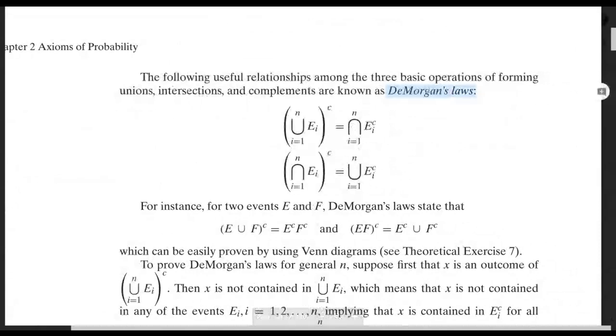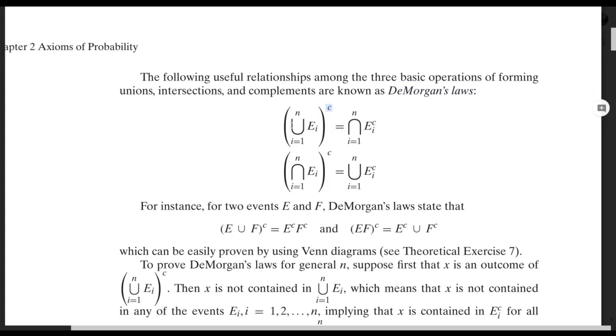De Morgan's law. Okay. This is De Morgan's law. De Morgan's laws are very important, those two. Let's see this. This is saying the complement. So this C represents the complement.